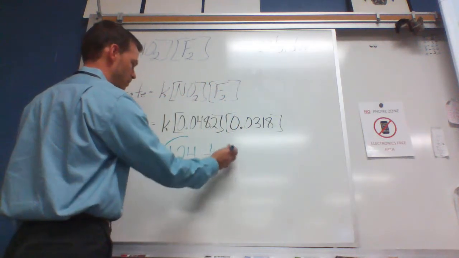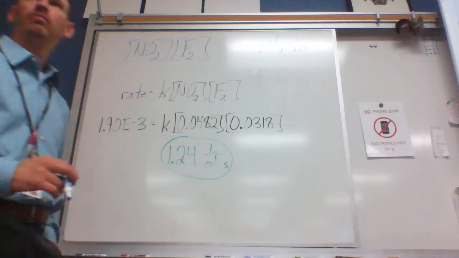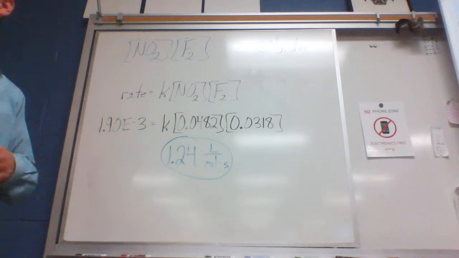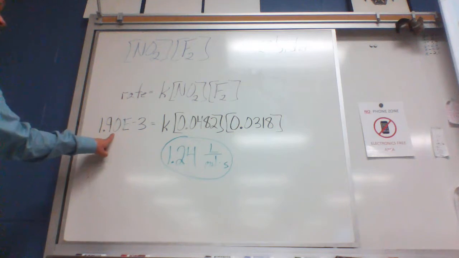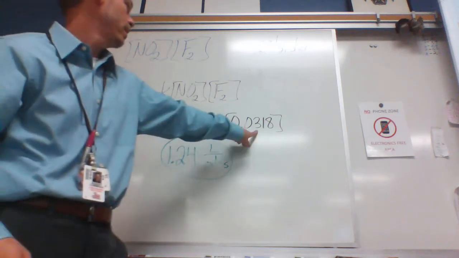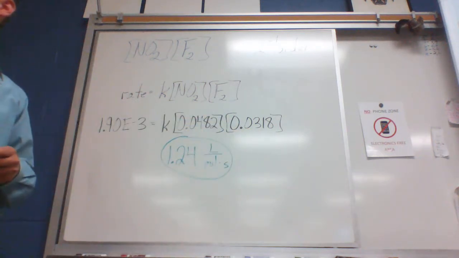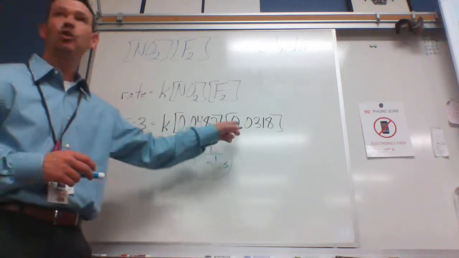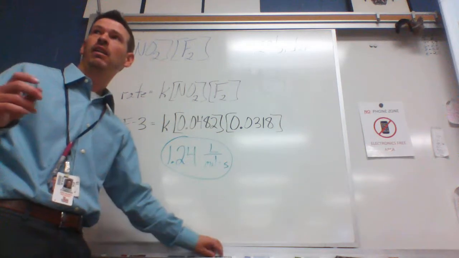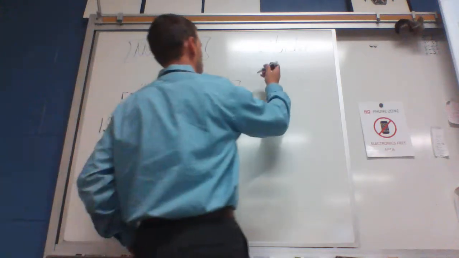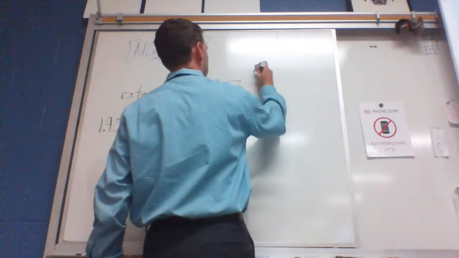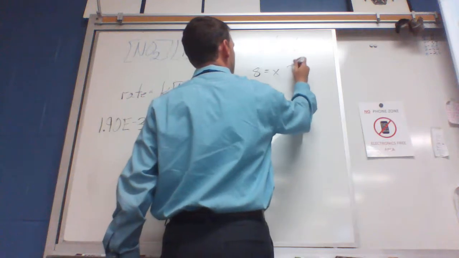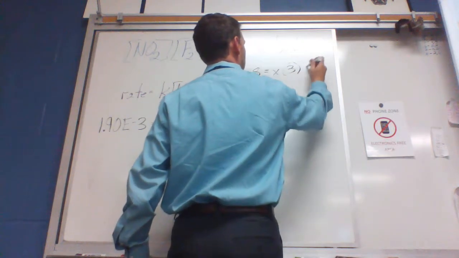Mr. Steve, would I have to use sig figs in these type of problems, right? You do here, you do. From here, look, I have 3 sig figs, 3 sig figs, and 3 sig figs. How do you know what to divide by? Dumb question. How do you know what to divide by when running the algebra? Is that what you're asking? So if I change these numbers to simpler numbers, it could have been 8 equals x, 3, and 5.